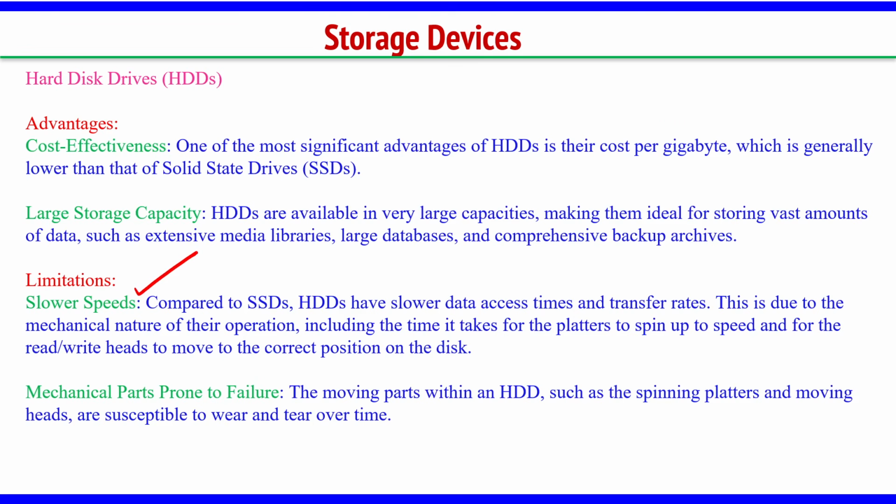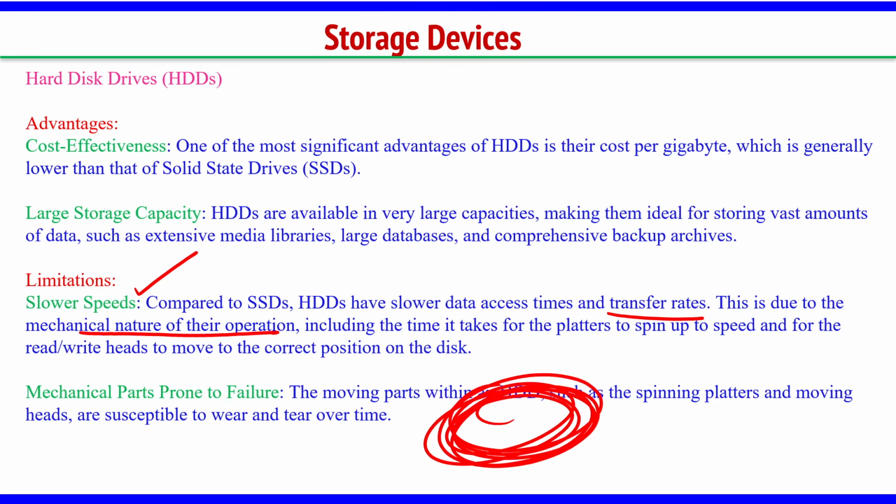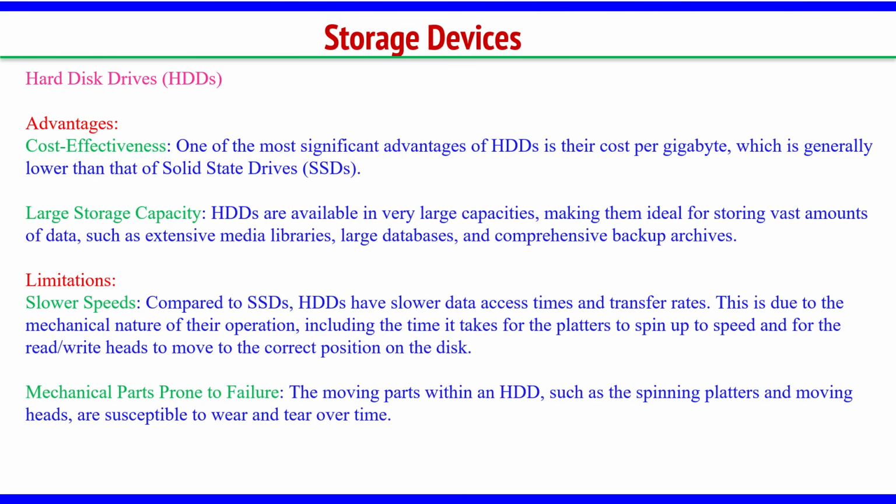Limitation: slow speed. Hard disk drives have slow data access time and slow transfer rate. This is due to the mechanical nature of the operation, and hard disk drives are prone to failure. During spinning, some physical damage can happen to that mechanical part and it may not work. So those are the drawbacks.